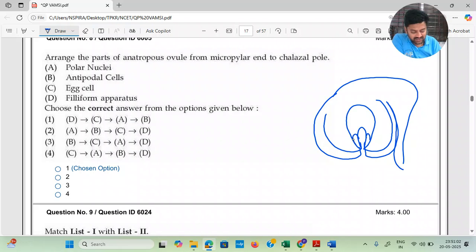So we can consider the filiform apparatus at the first point. So D will be the first point. Only one option is available here, so we can consider the first one as the option. Followed by egg cell and then followed by polar nuclei that are present in the central cell and finally the antipodals. So option 1 will be the correct one.